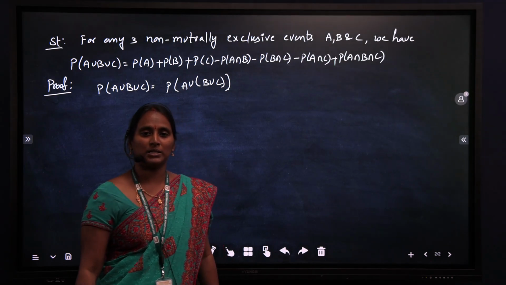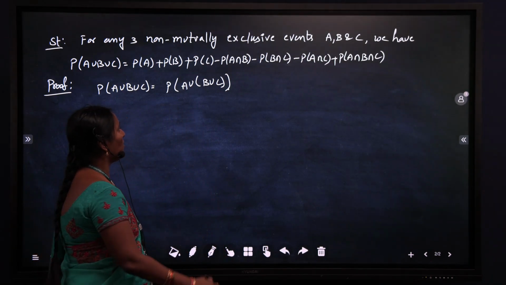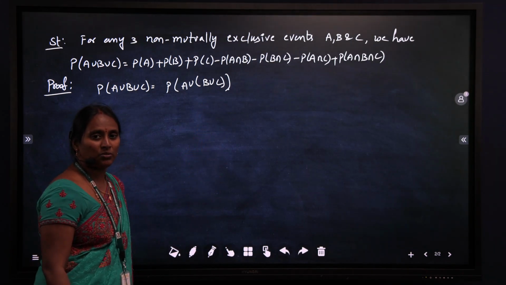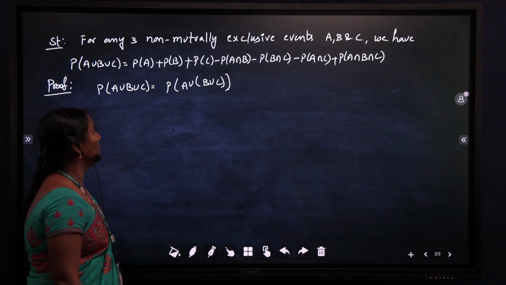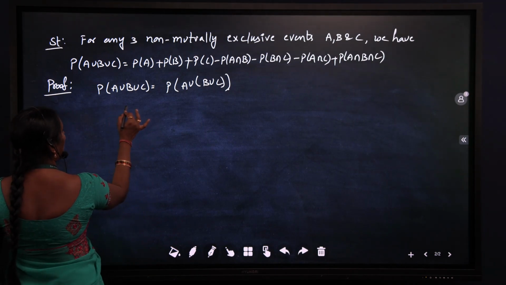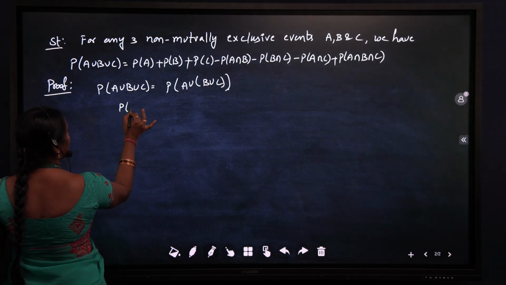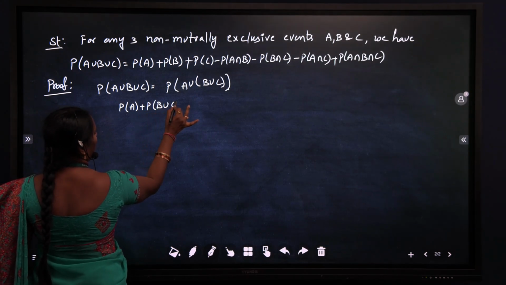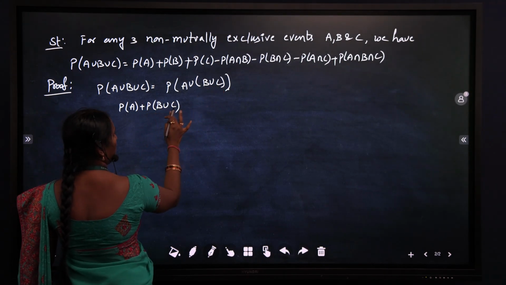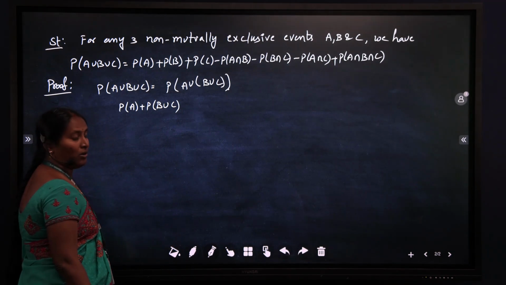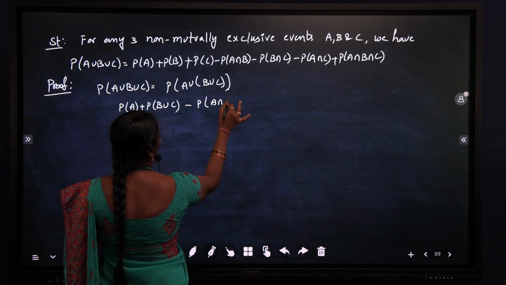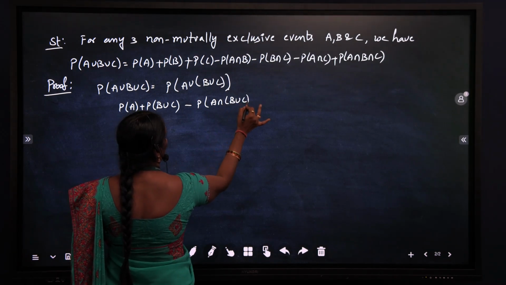P of A plus P of B. Now in the place of B, we are going to write B union C, again using the addition theorem for two events. So in the place of B union C, we write P of A plus P of B union C, which is P of A plus P of B minus P of A intersection (B union C).